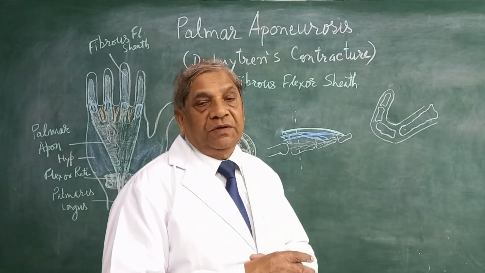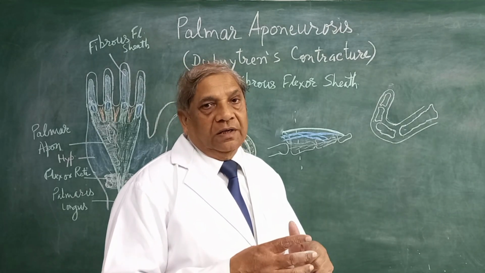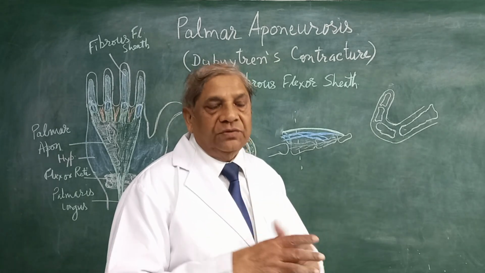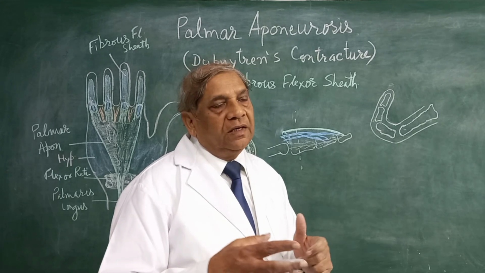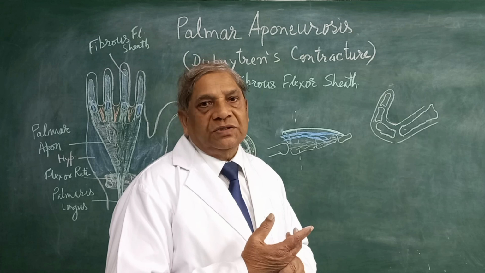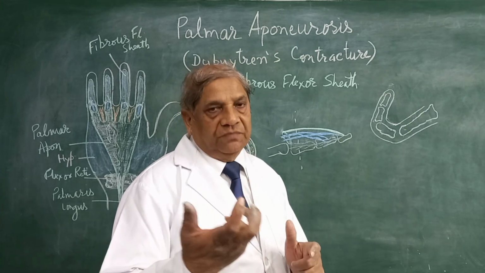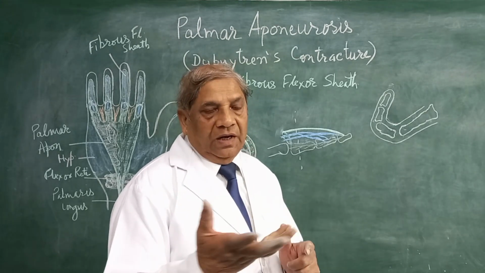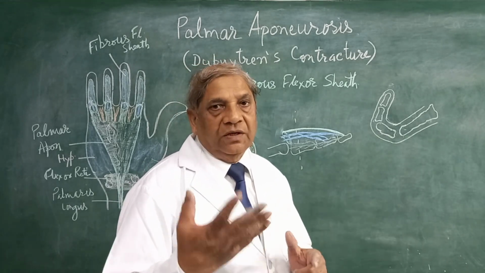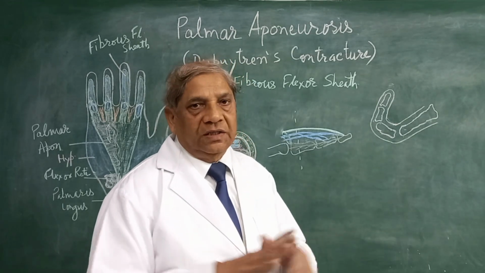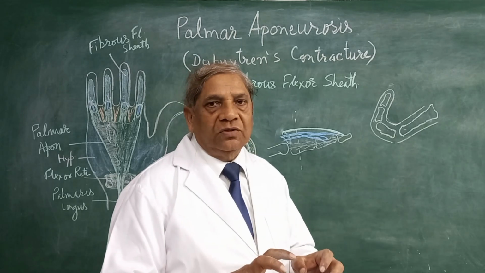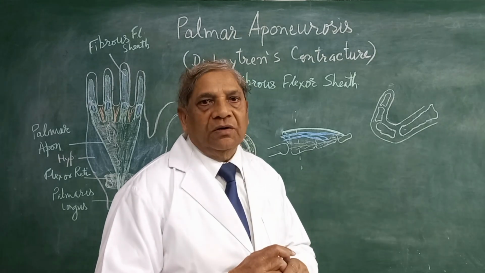It is also associated with chronic alcoholism, when you chronically drink wine, and maybe also due to various other problems, like some fever or some infection, but we don't know. These are the suspected causes, but we exactly don't know why there is a Dupuytren contracture.